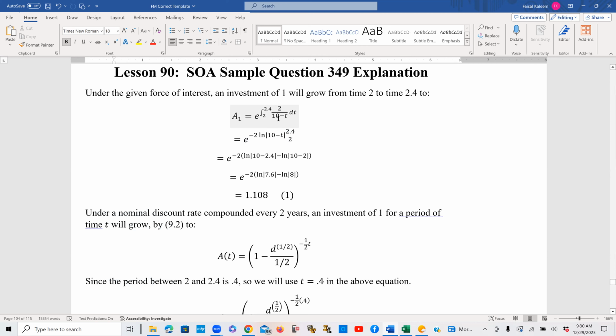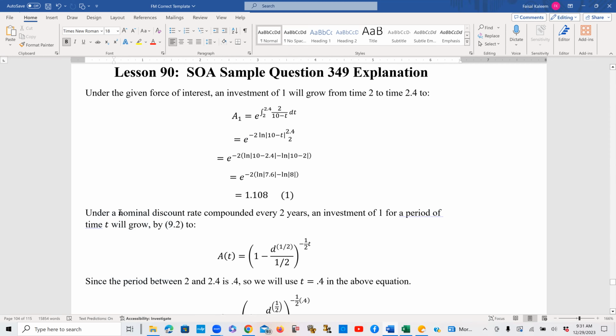The integral of 1 over 10 minus t will be negative ln 10 minus t, and then we have a 2 also, so negative 2 ln 10 minus t, with limits 2 to 2.4. We substitute the limits, and we end up with 1.108. So a principal of 1 will grow to 1.108 from time 2 to 2.4.